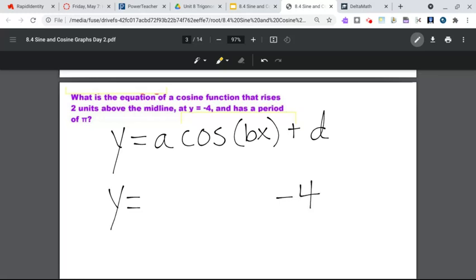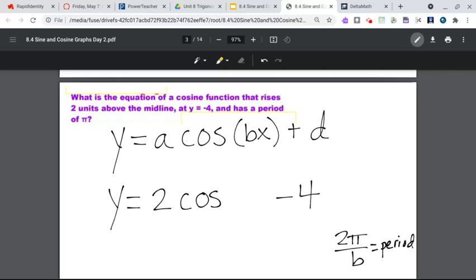We know that it rises 2 units above the midline. There's your amplitude. We need to find our b value. Our b value is going to be 2 pi over the period, because remember, it's just manipulating the equation. 2 pi over b gives you your period.